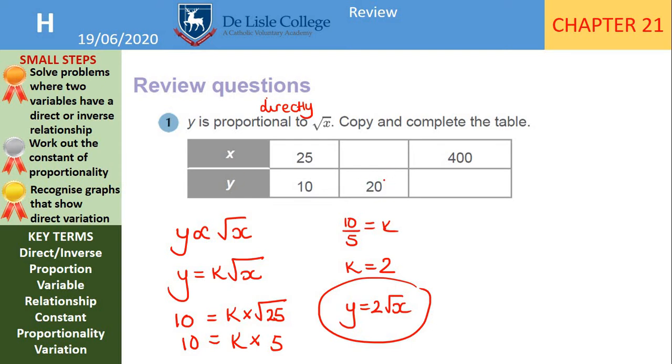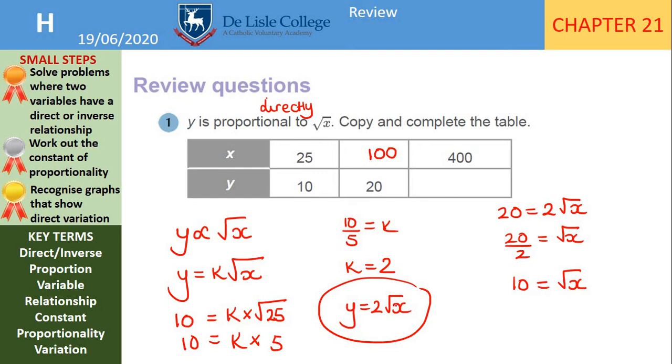So when y is 20, we can work out what x is. So dividing by 2 will give me what the square root of x is. So 10 is equal to the square root of x. If I square to get backwards, that must mean that x is 100.